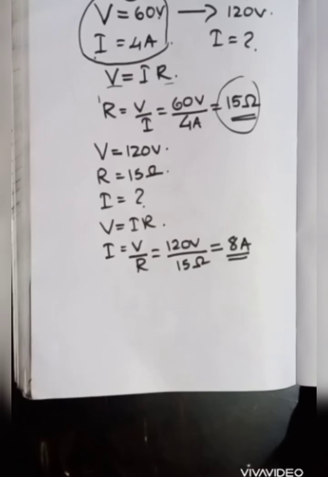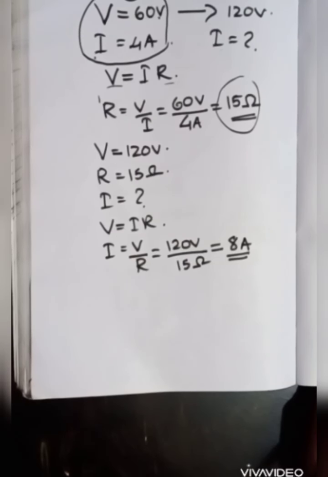The next question: the resistance of a metal wire of length 1 meter is 26 ohm at 20 degrees Celsius. Degree Celsius is the unit of temperature.